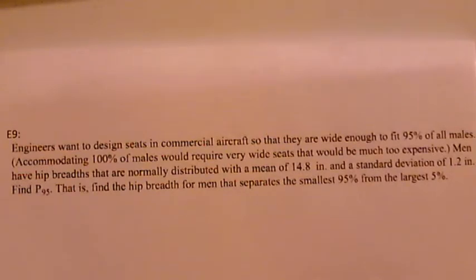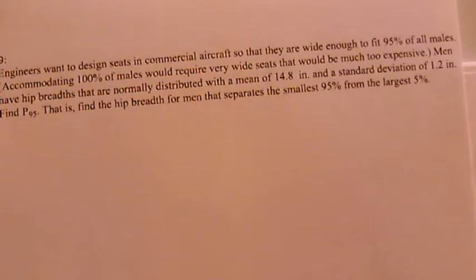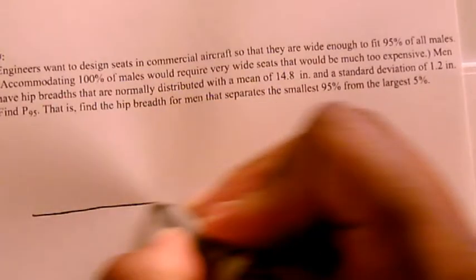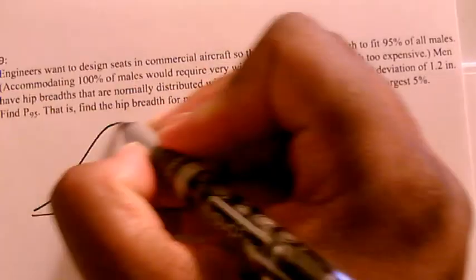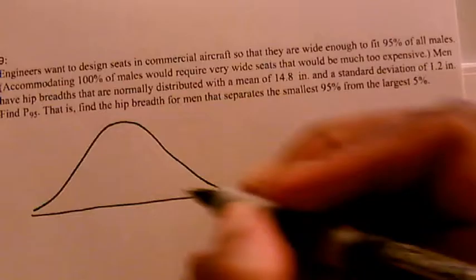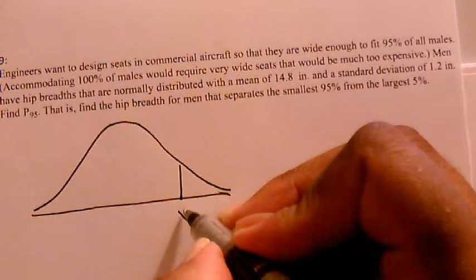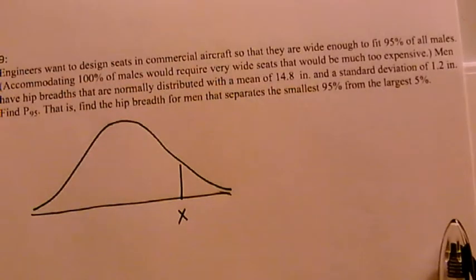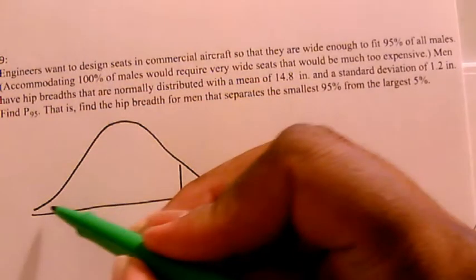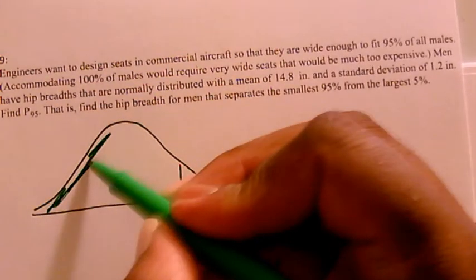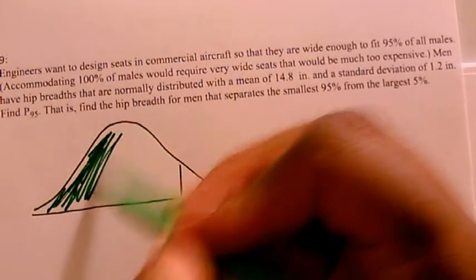Okay, so now let's draw a normal curve. We're talking about the smallest 95%. So this x value is what we're trying to find here. The smallest 95% is going to be all this shaded area to the left of that x value that we're trying to find.